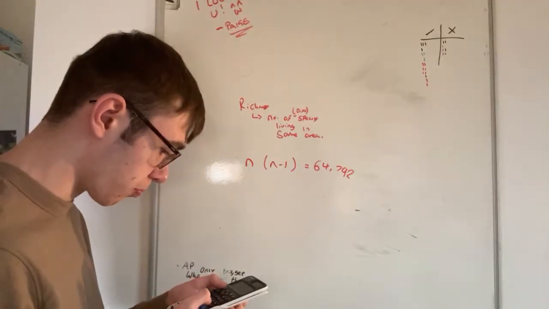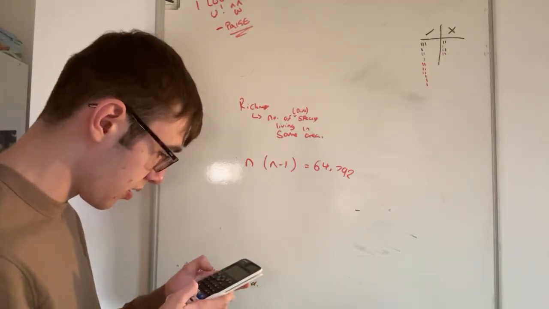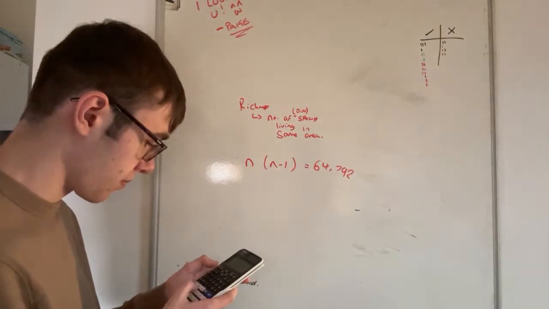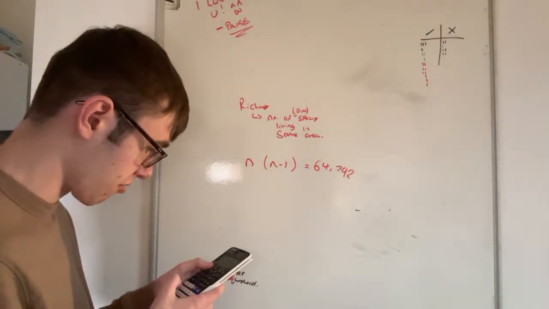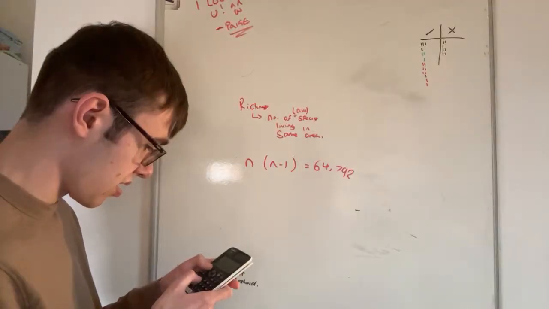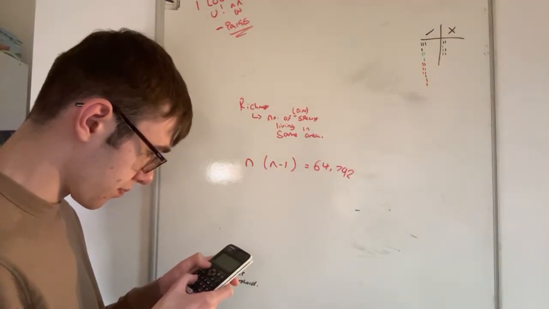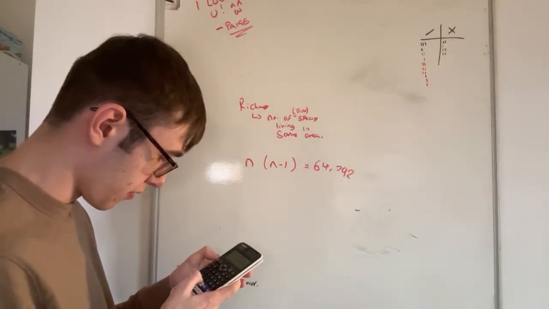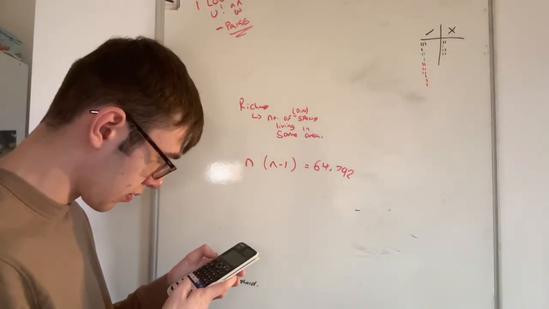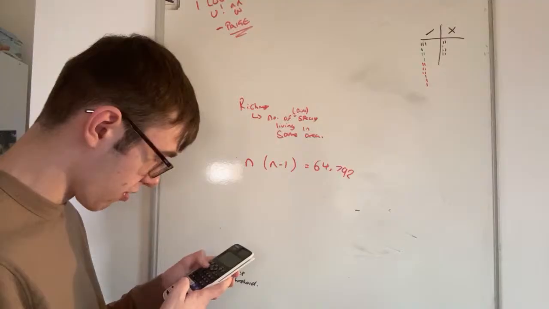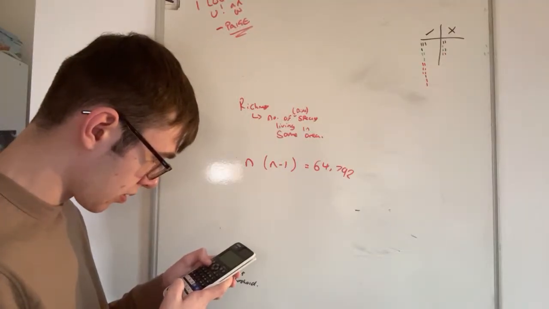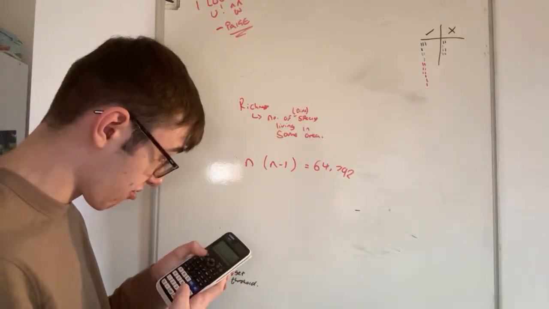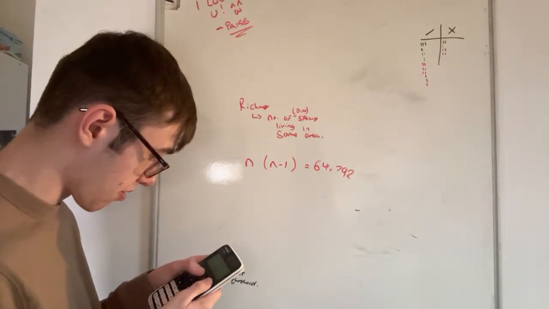Because we could easily just put, like, C equals... Oh, sorry. 6, 4, 7, 9, 2 equals B minus 1. And then we click solve. And it says B is minus 2. Right, that's obviously not correct.